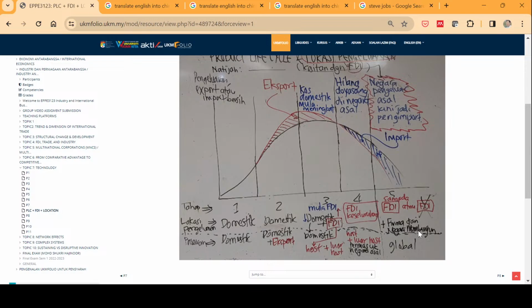This is for R&D, research and development, for example.